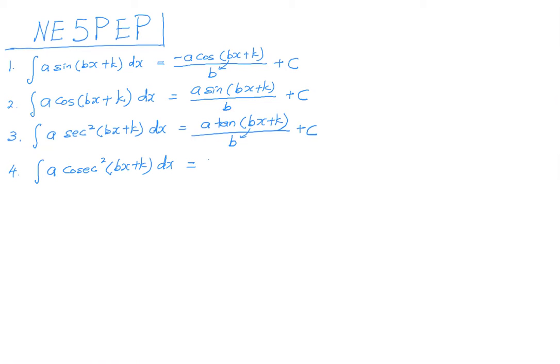You get negative cotangent. Cotangent is 1 over tangent. That means it's cos over sin, over b, plus c. Okay, same thing like differentiation.